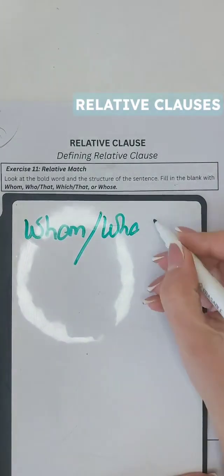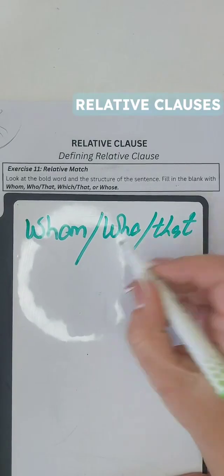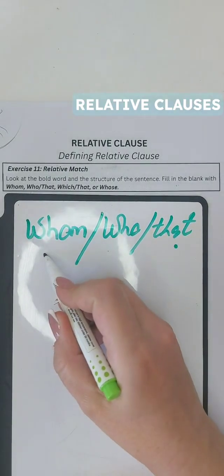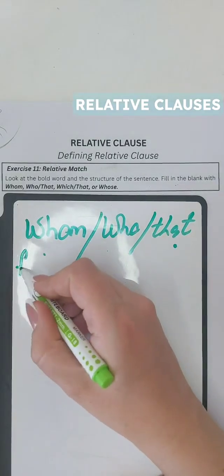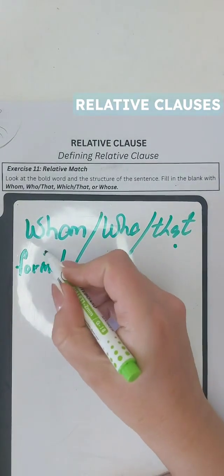nowadays people usually use who or that instead of whom, because whom is used in formal speaking or writing.